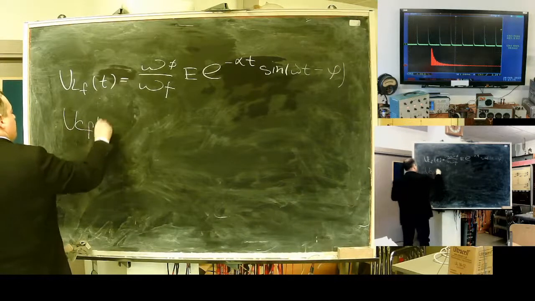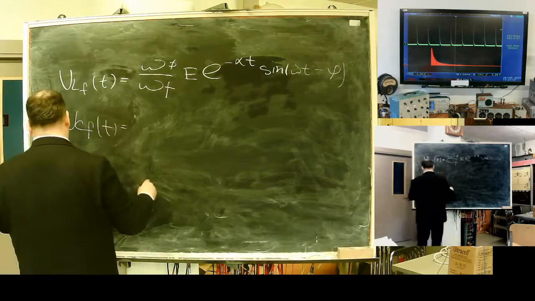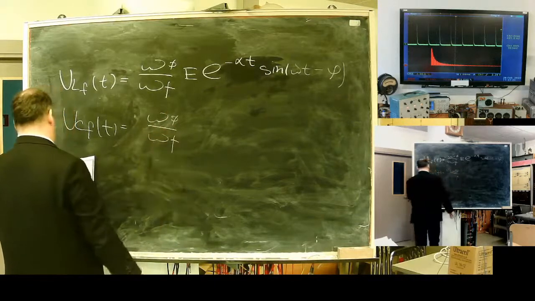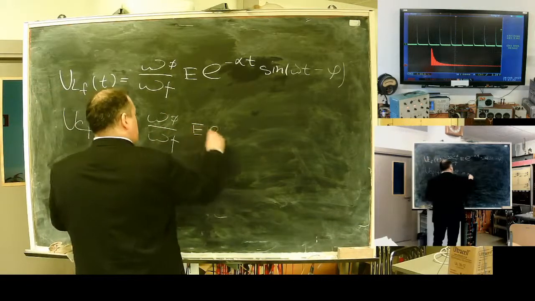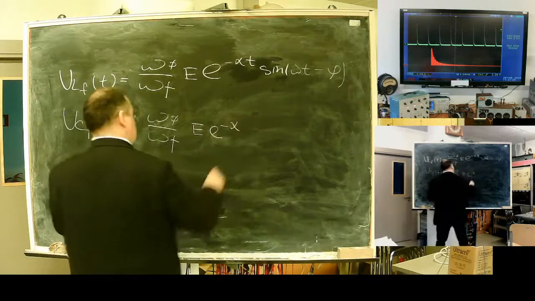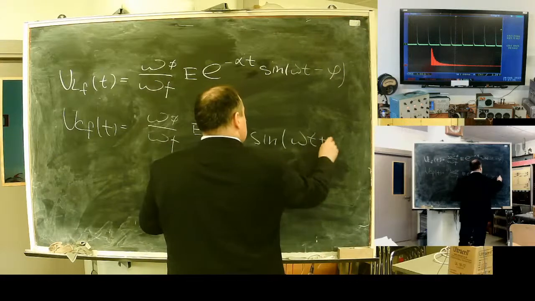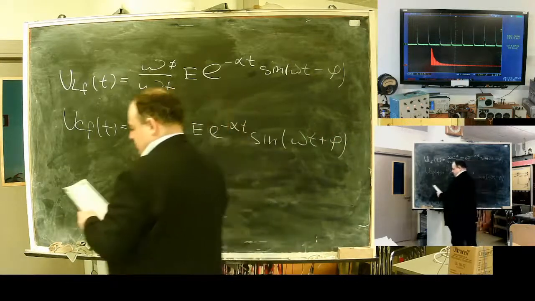The capacitor free component will be omega 0 divided by alpha, again sine of omega t plus phi.